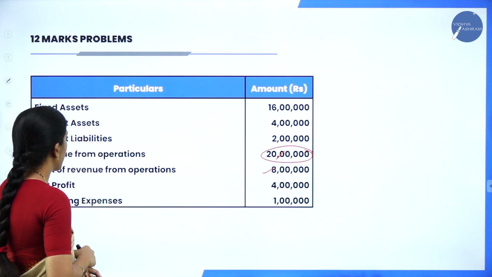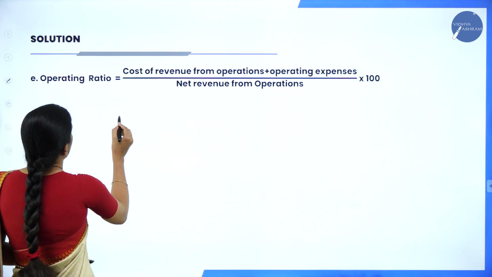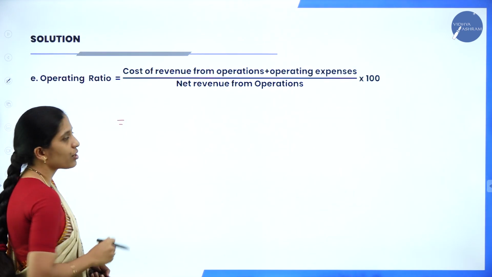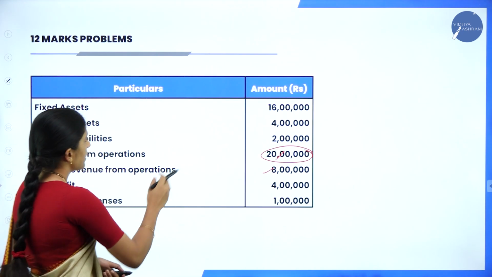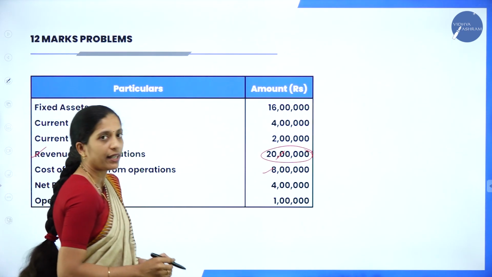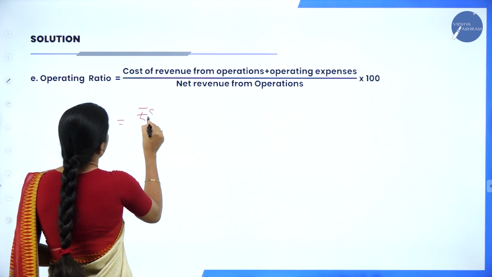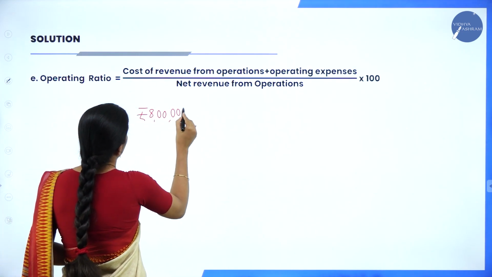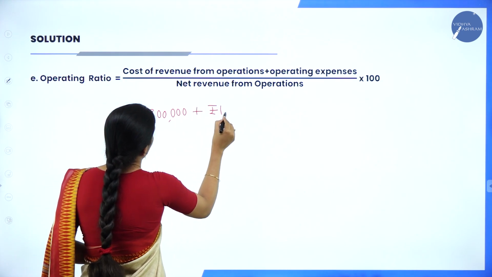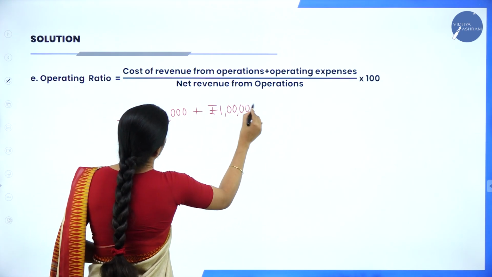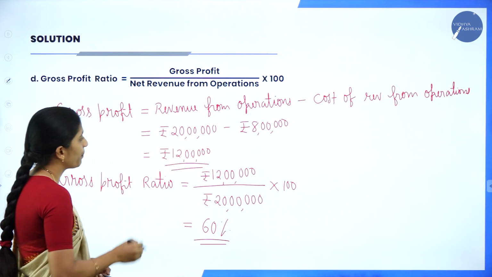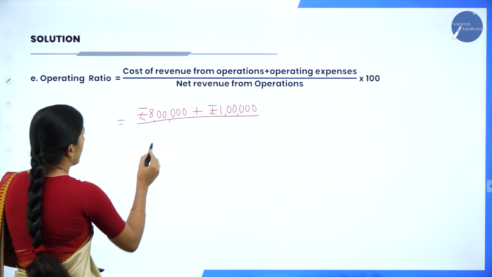So you can directly calculate here. Rupees 8 lakh plus rupees 1 lakh divided by net revenue from operations, that is 20 lakh.